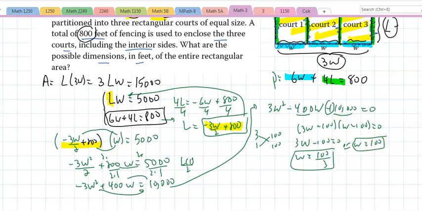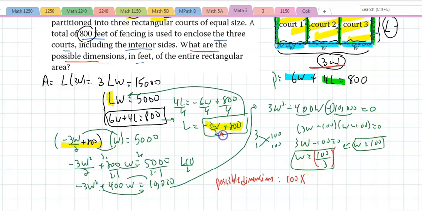So when they ask, what are the possible dimensions of the entire rectangle? If I use this, remember that's the width, the possible dimensions are, if I take 3 times 100 over 3, that would be 100 by, and what would be the length?